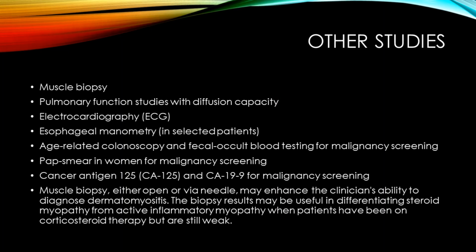Muscle biopsy, either open or via needle, may enhance the clinician's ability to diagnose dermatomyositis. The biopsy results may be useful in differentiating steroid myopathy from active inflammatory myopathy when patients have been on corticosteroid therapy but are still weak.